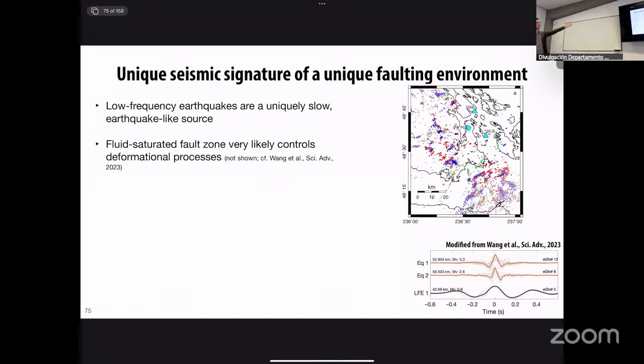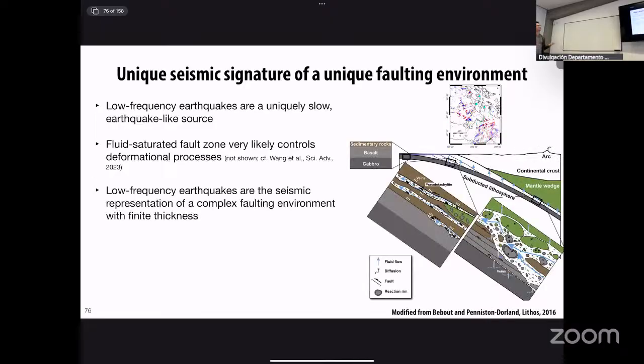And we can start to think about these observations placed in the context of what Alan Rubin and John Armbruster showed in that top figure. We can start to think that maybe the distribution of pore pressure that allows for low frequency earthquakes might not be the same everywhere in the plate interface. And so it's clear that heterogeneity plays a strong role.